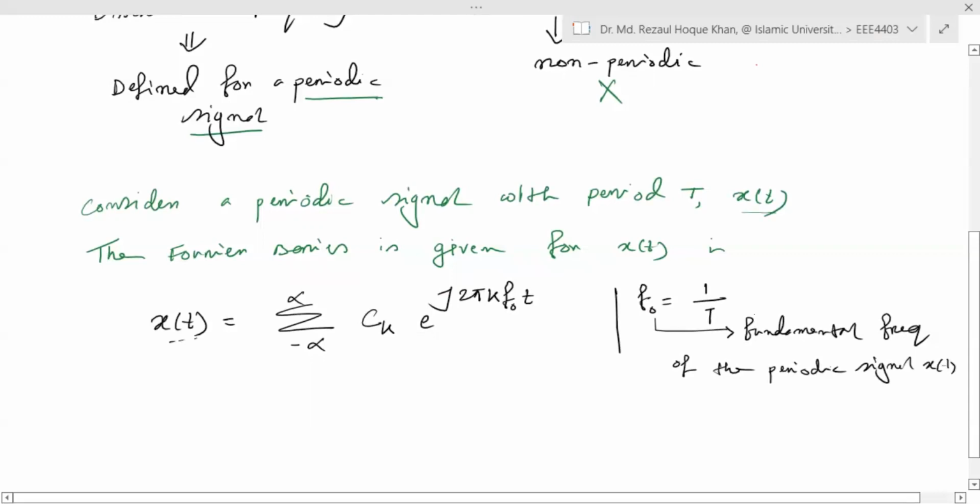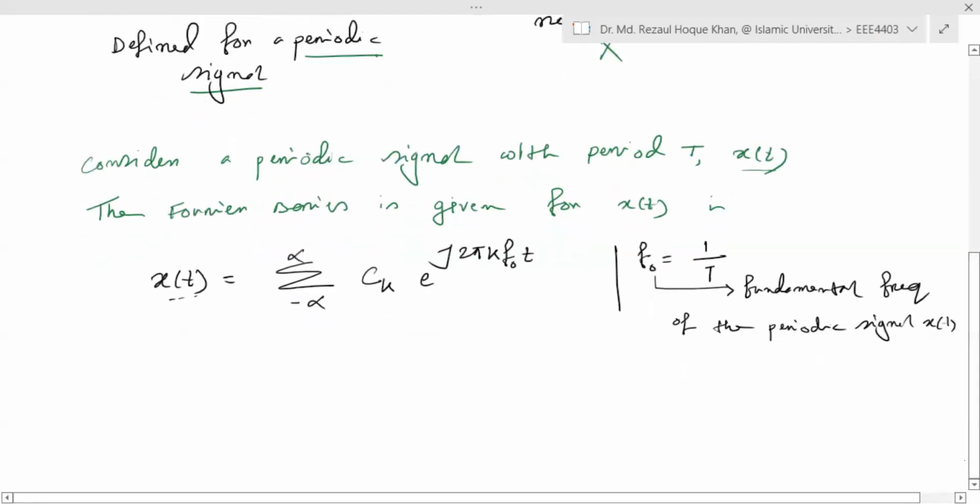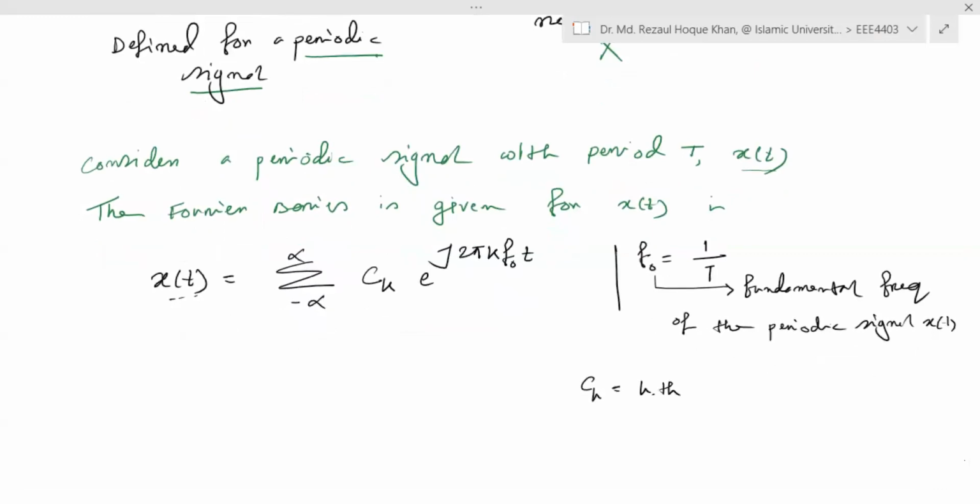And c_k is the kth discrete Fourier series coefficient.